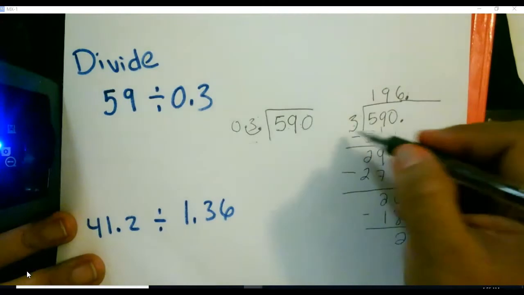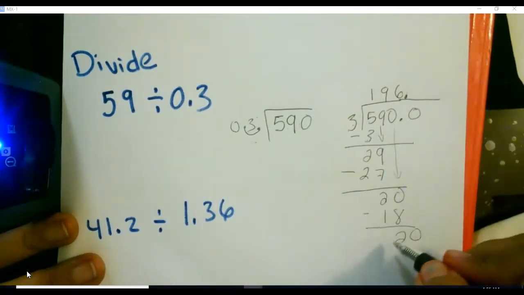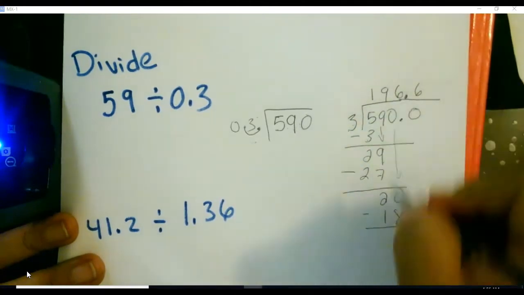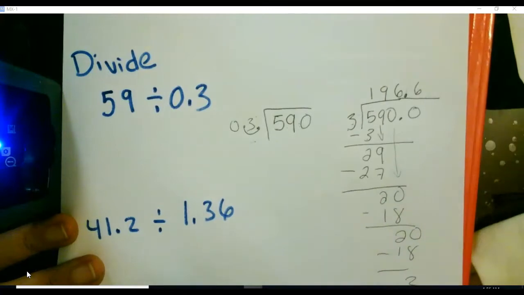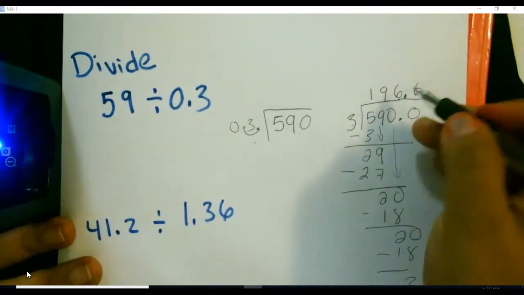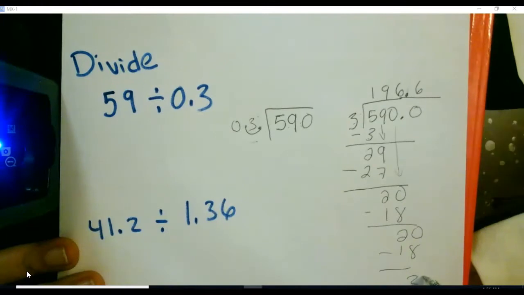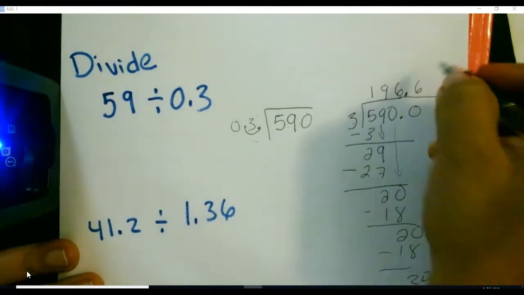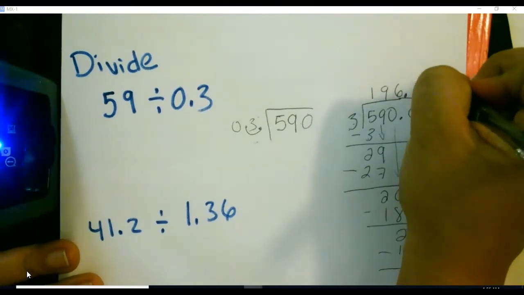So here, now I'm going to add a 0, and then I'm going to bring it down, and I get the same thing, right? 6 times 3 equals 18, subtract, and it looks like this is going to run on and on. So I'm just going to leave it at 196.6. If I do it one more time, it will go 6666. So I'm going to round it, so that will make it a 7.